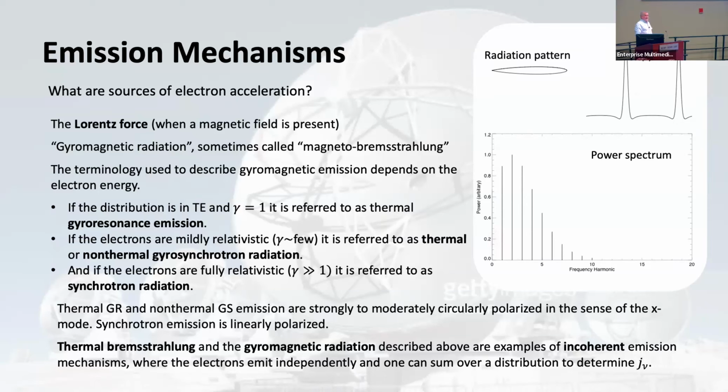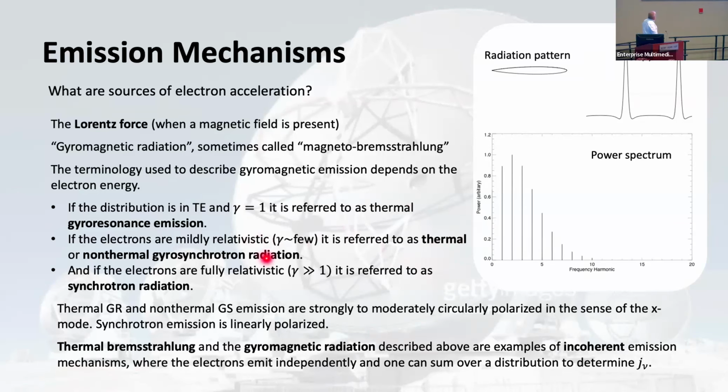And as we get to higher and higher energies, we get higher and higher numbers of harmonics, up to hundreds, thousands, even millions. And they broaden and they form a continuum. So for mildly relativistic electrons, we refer to thermal and non-thermal gyrosynchrotron radiation, a mouthful. So Lorentz factors of a few, so MeV electron energies.